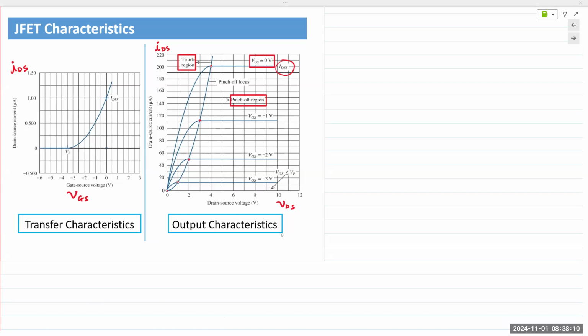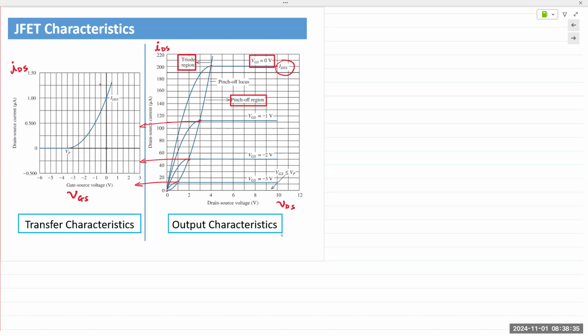So one final thing about this transfer characteristic, the way we plot it is, of course, we take the maximum value of the current from the right and we bring it over to the left. And that's how we get that plot. Make sense?